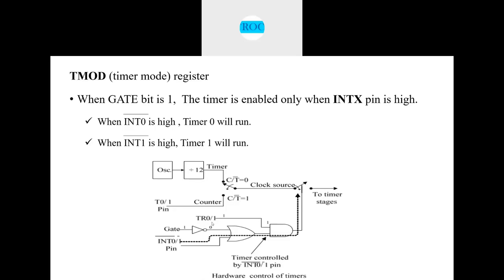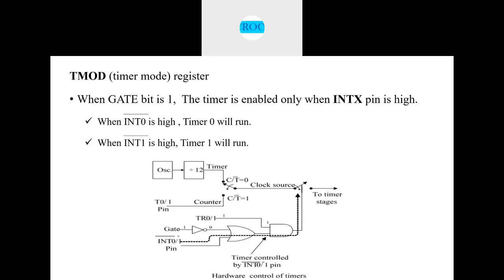It means that in addition to the external interrupt pins being set, you need the timer starter bits to be set as well. Then only the output of the AND gate will be 1, the switch will be connected here, and the clock pulse will be given to the next timer stage.